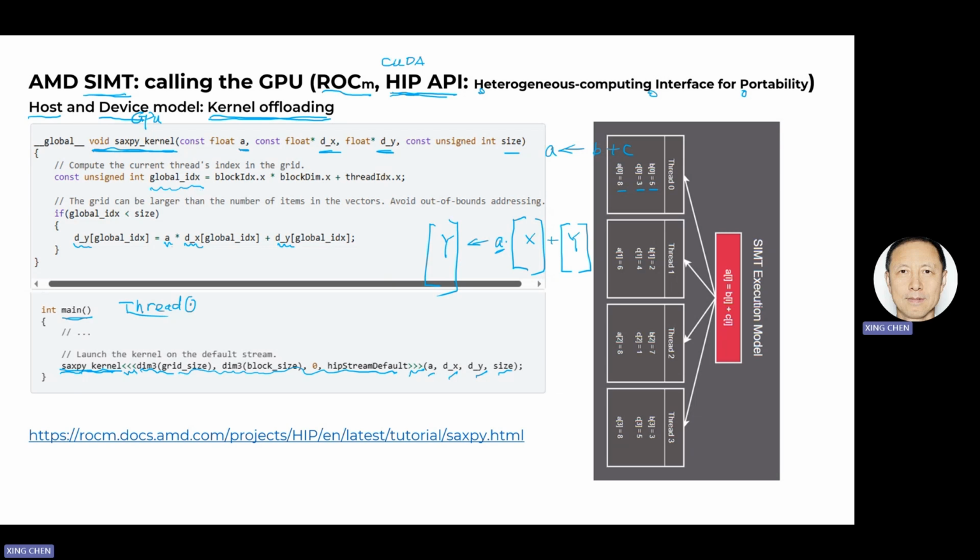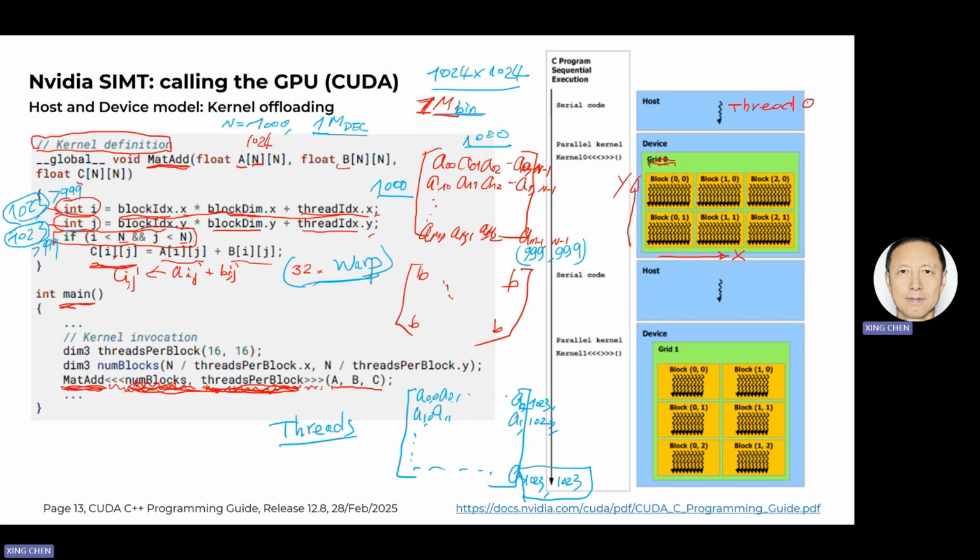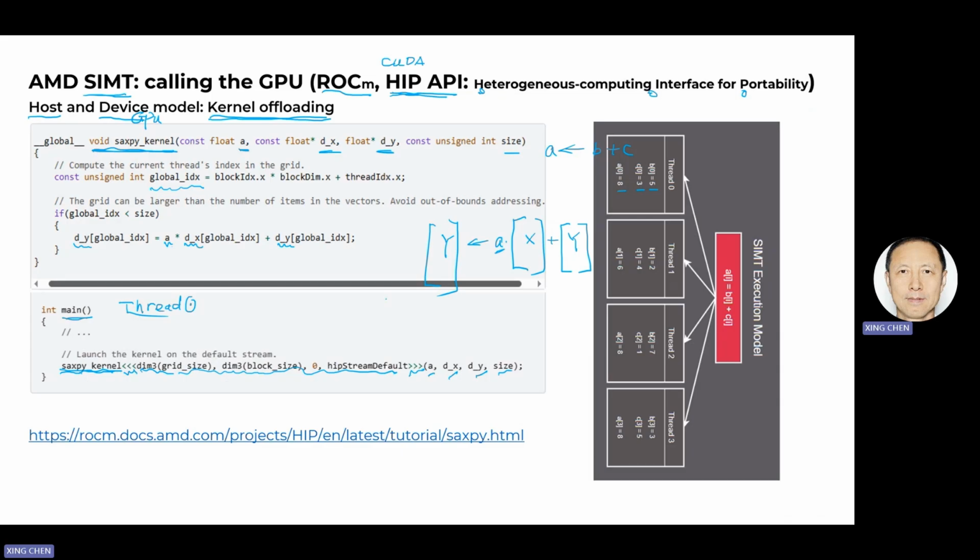This one is a little bit different from the previous one. In the previous one, we saw that the threads are organized in a two-dimensional grid. Right now you are working on vectors, so the threads don't need to be organized in a two-dimensional grid. They could be organized in just one dimension.